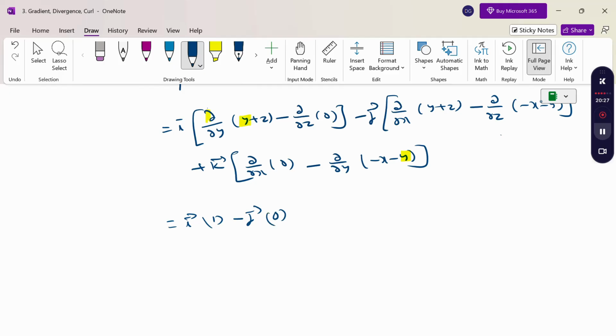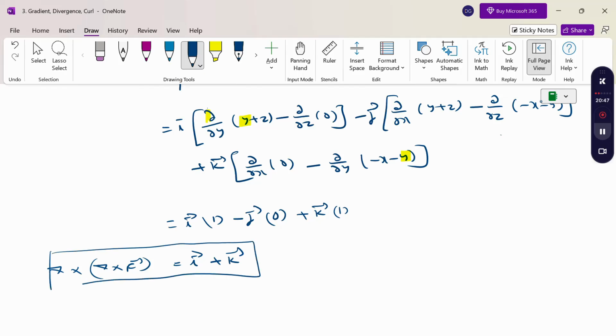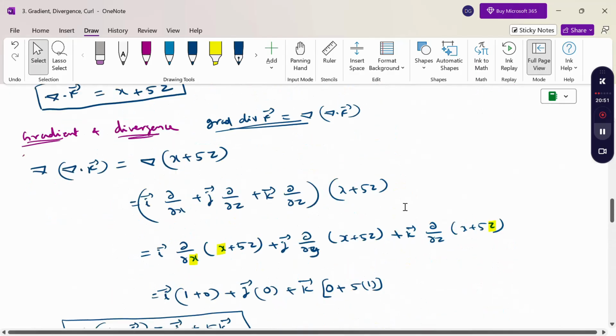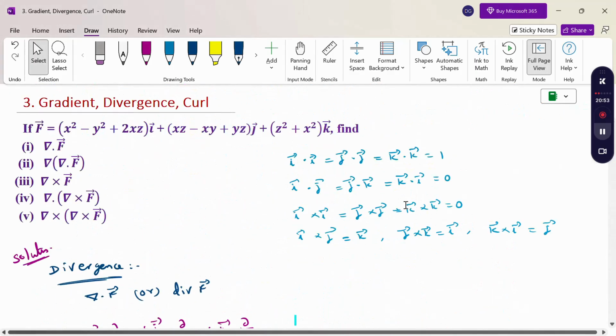Plus k vector, the first term is 0, the next term is minus of minus 1, which is plus 1. Therefore i vector plus k vector. So this is del cross f vector. Thank you.